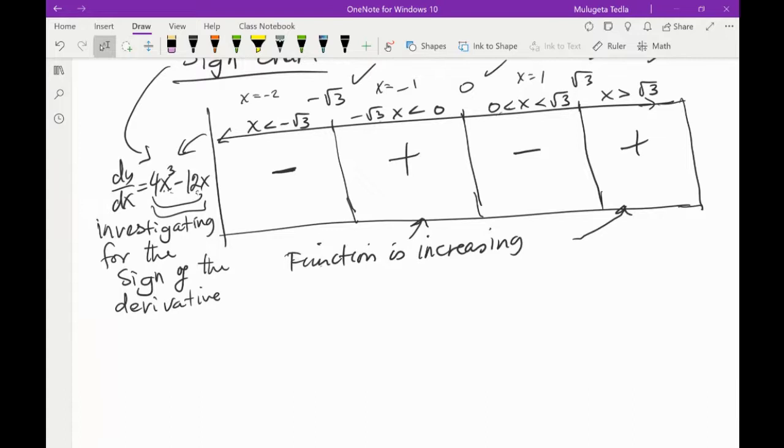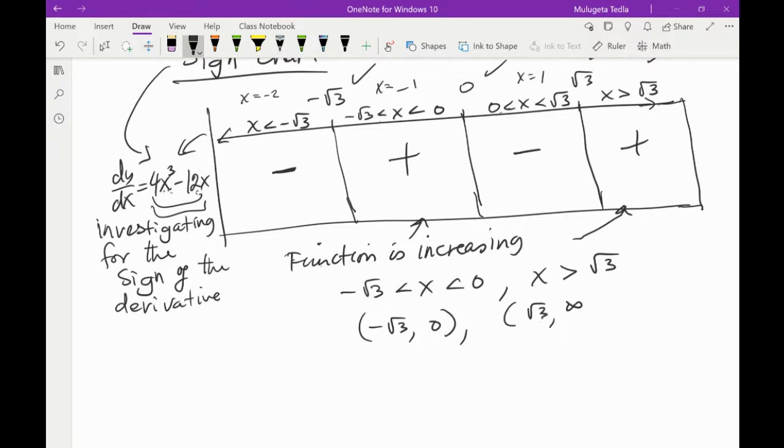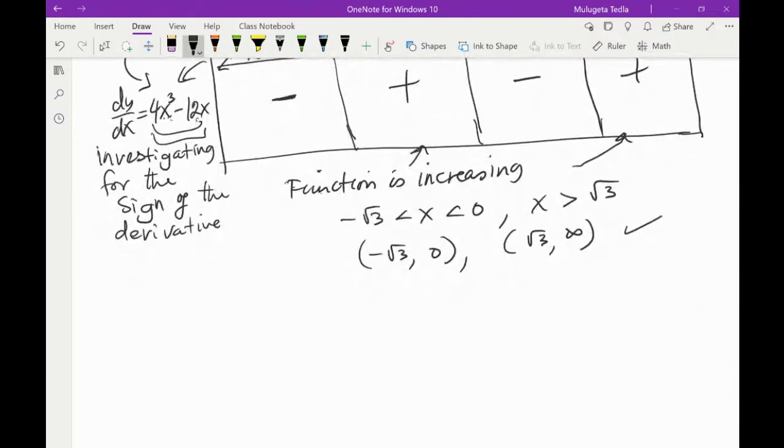So the function is increasing in the following intervals: negative root 3 less than x less than 0, union x greater than root 3. On both intervals, the function is increasing. You can write it in interval format, negative root 3 to 0, and root 3 to infinity. Many people prefer this instead of less than and greater than. So where is the function decreasing?